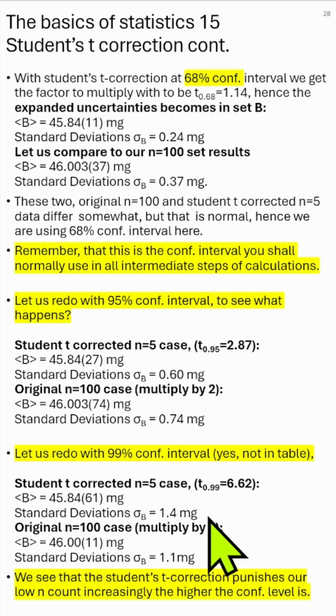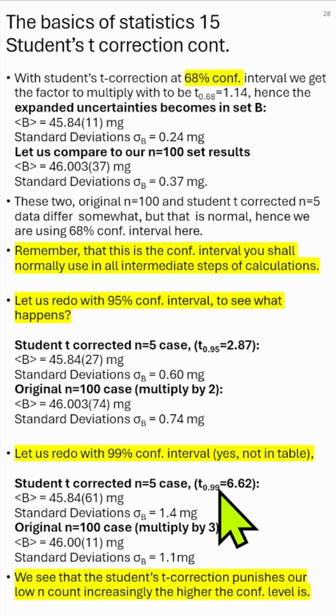So now the standard deviation has become larger for the 5 coin side. So the higher confidence interval we choose, the more and more we are punished by increased standard deviation in the correction factor from the student T correction. It's good to remember that.